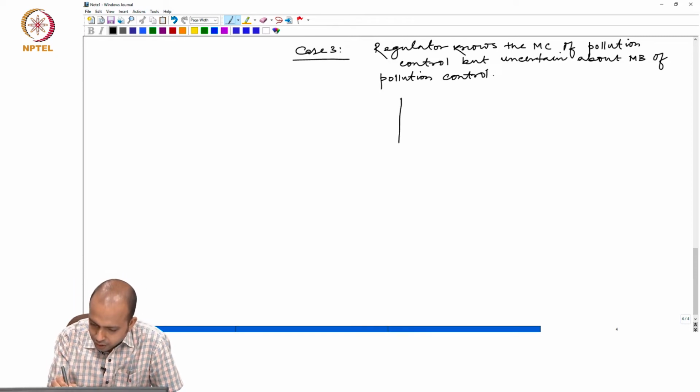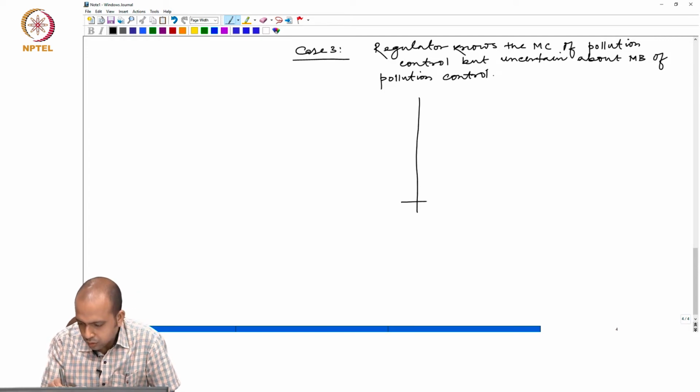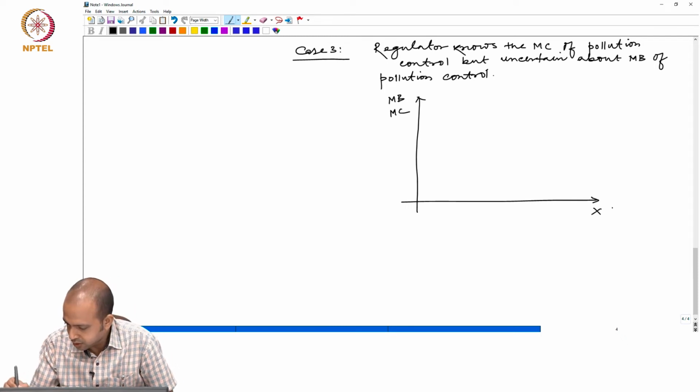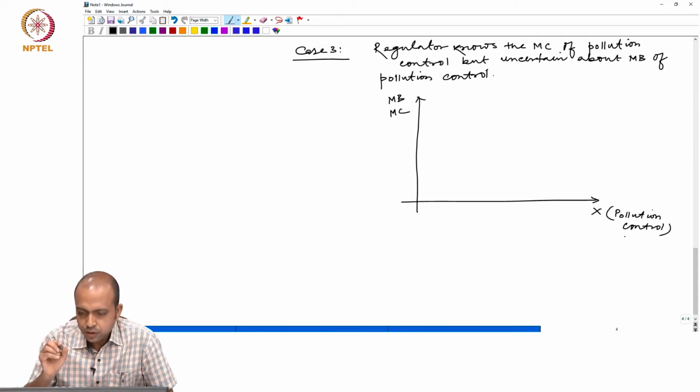So, what would be the diagram in this case? So, this is MB in the y axis, we are measuring MB and MC. This is X, which is pollution control. So, MC, regulator knows MC with certainty.